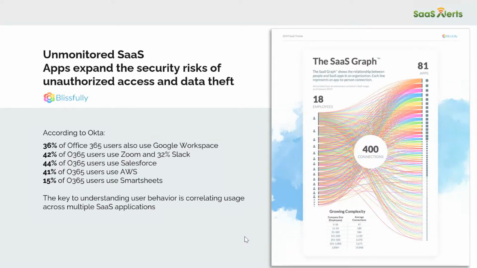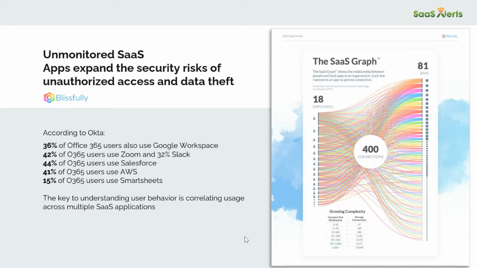So, Steve, if you were logging in to 365 from New Jersey at 9 a.m. Eastern time, and then you were logging in from Los Angeles, California, an hour later, it's not physically possible, right?